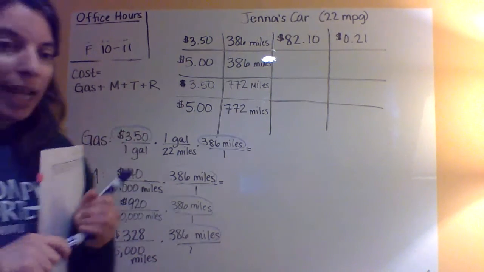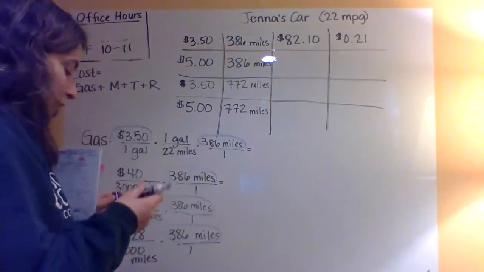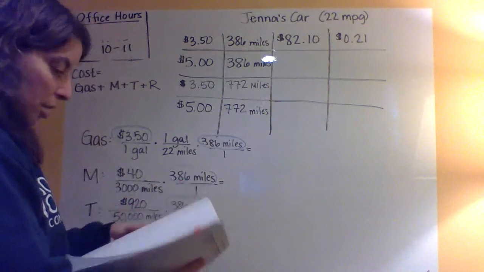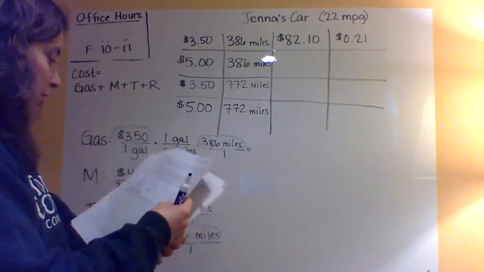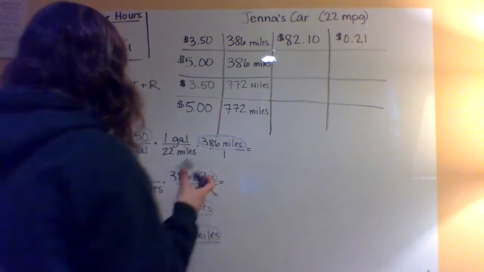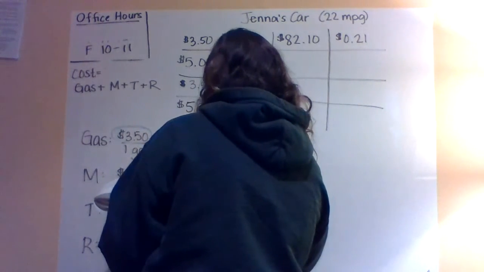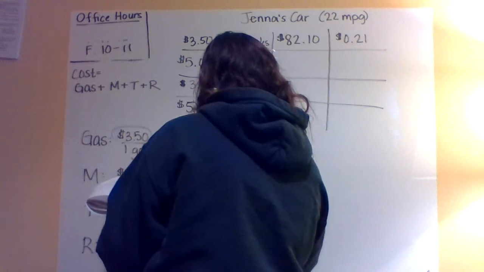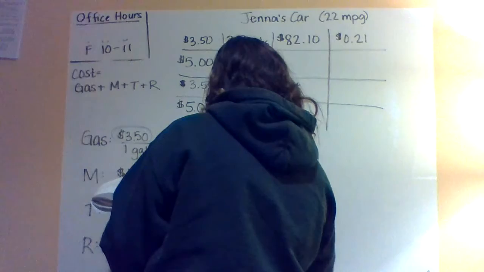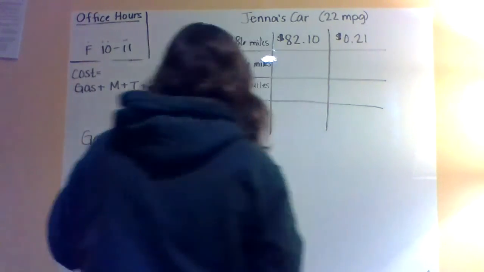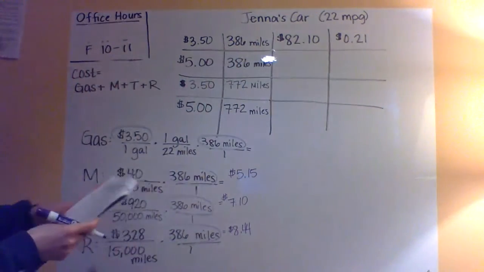So if I look back at part 1 of this lesson, when we figured this out, for the 386 mile trip, the maintenance cost was $5.15. The tires were $7.10. The repairs were $8.44. So at the time, I added these up and I added them to the gas, and that's how I got the $82.10.